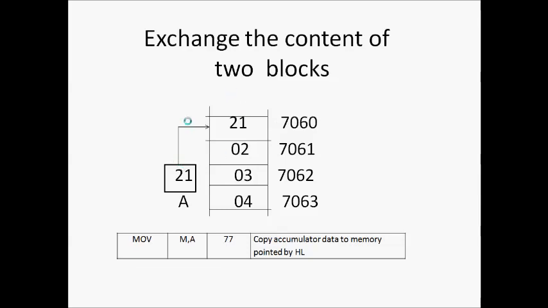Here 21, stored in the accumulator, is moved to memory location 7060. You can see here that instead of 01, 21 is stored.